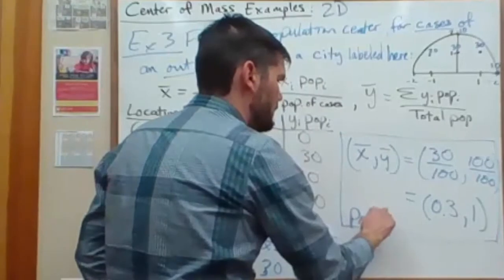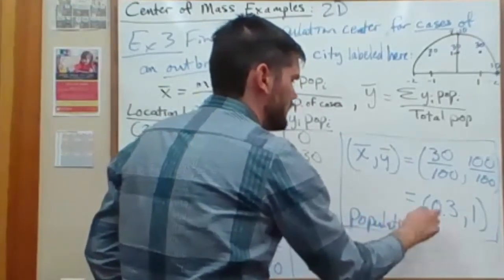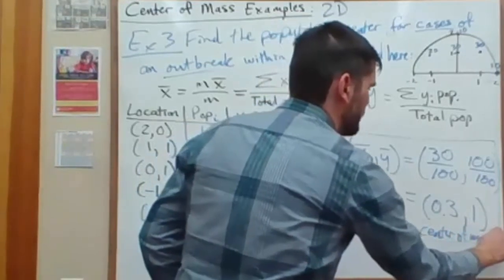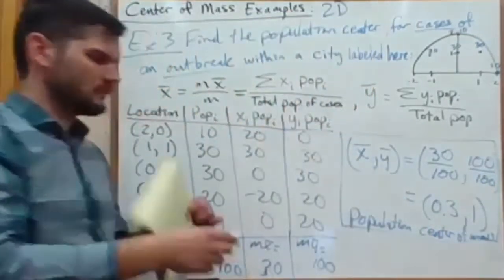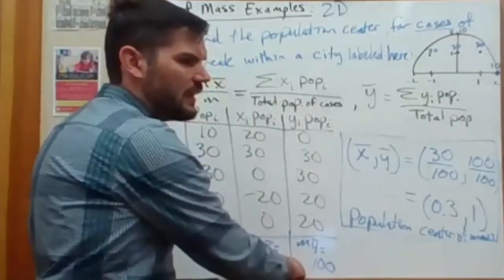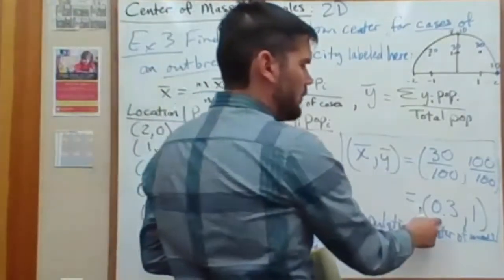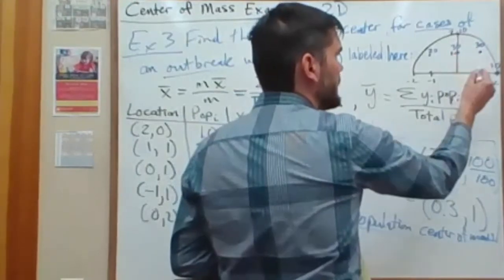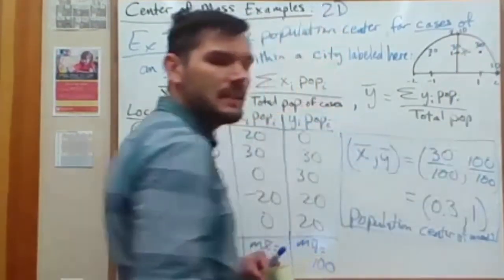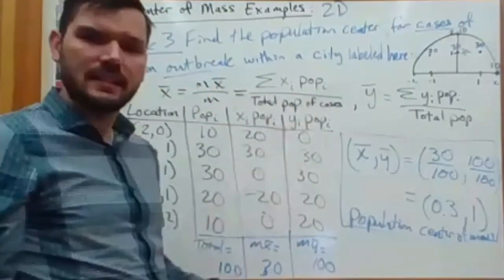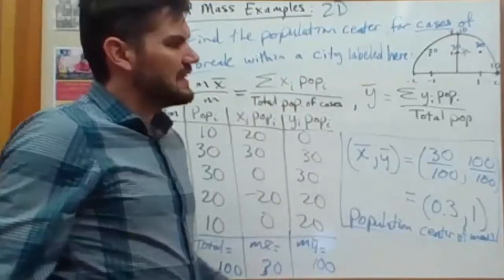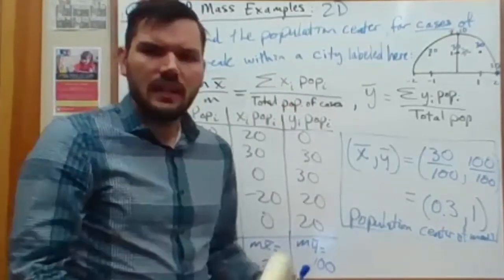These are the population center of mass, or population center. Now let's graph where that is. 0.3 and 1, well, 1's right here, 0.3 is right about here, so makes sense. It's right where the highest counts were, and that's where we would start anyways. So there's our population center.